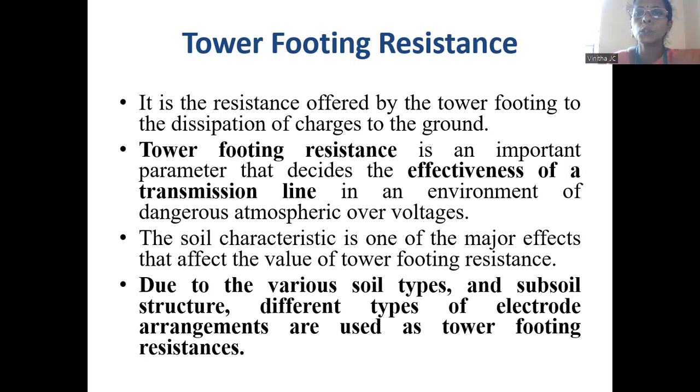Similar to that, here also during the lightning process there will be a heavy discharge of charges, and that discharge will be taken to the ground through this tower footing resistance. This is an important parameter that decides the effectiveness of the transmission line protection, that is, how all the charges are taken into the ground and how we are protecting the transmission lines.